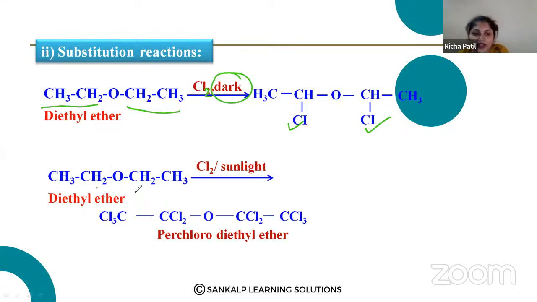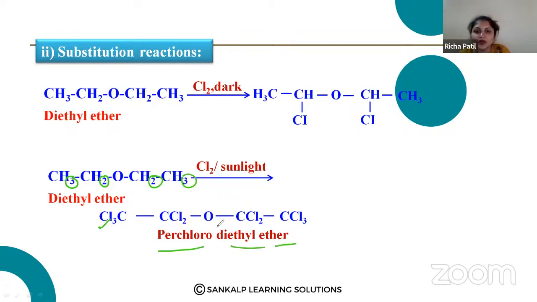Another condition is where they have taken diethyl ether only, and Cl2 gas is passed in sunlight. What happens here? All the hydrogen atoms are replaced by Cl. This is perchlorodiethyl ether.